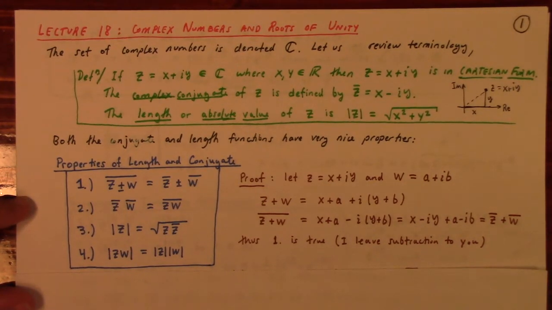So this is actually a very important property, number 4, and it's part of what makes complex numbers so very special. In my own personal research, I've done a lot of work over what are called associative algebras. And in a general associative algebra, even a commutative algebra, there really is no expectation that the norm of a product is the product of the norms.